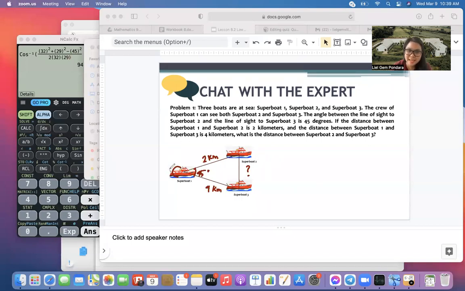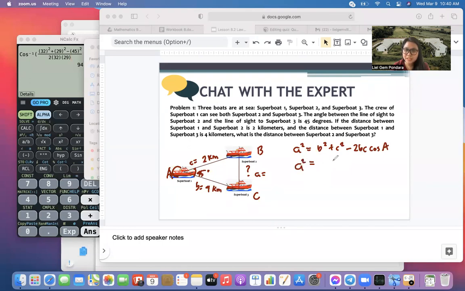Usually I name all the points, like Superboat 1 is A, Superboat 2 is B, Superboat 3 is C. So the 2 kilometers is the side C. We're looking for side A, and the 4 kilometers is for side B. Since we're looking for side A, then our formula will be A squared equals B squared plus C squared minus 2BC cosine A. So let us now substitute.